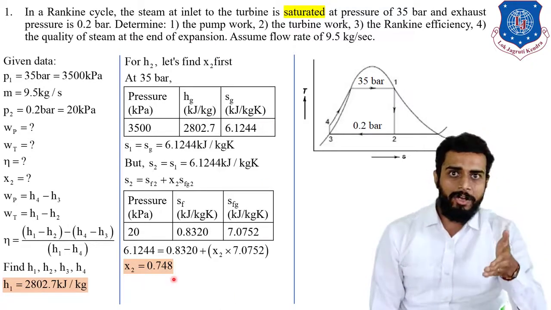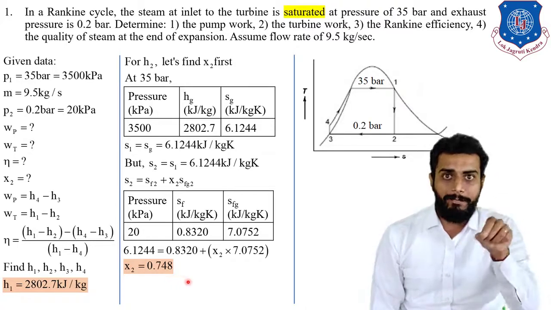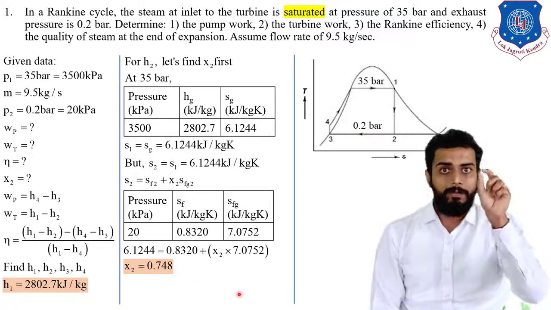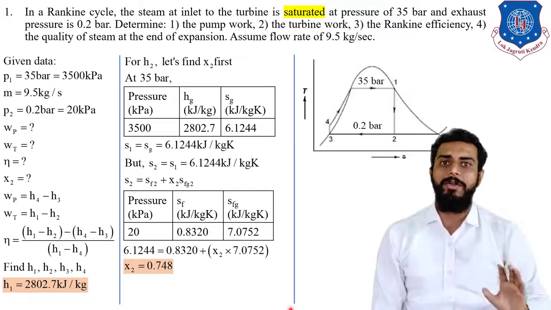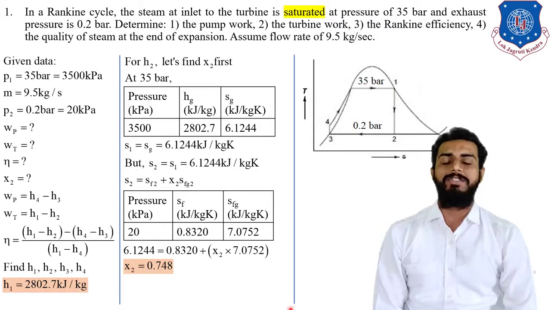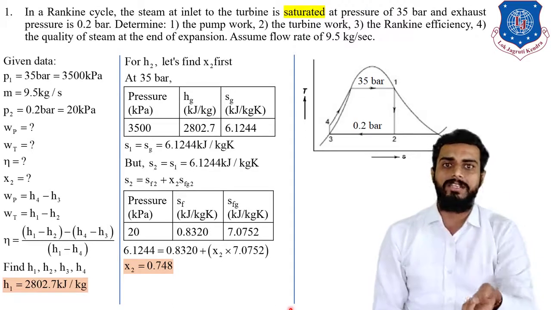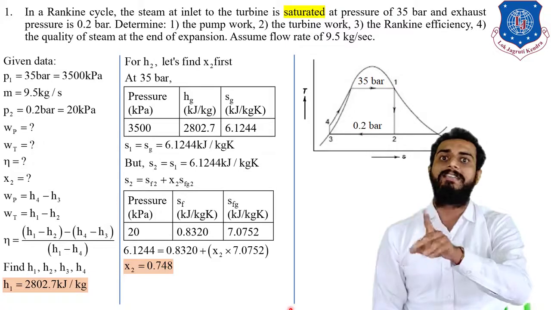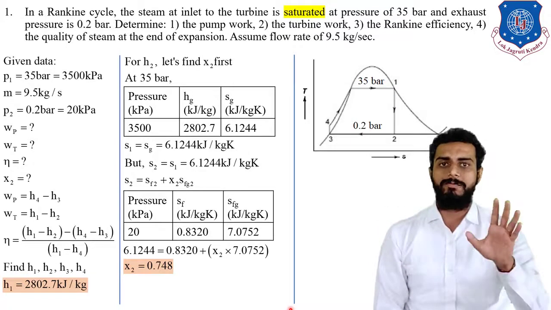So at the end of the isentropic expansion, so the isentropic expansion process is ending at point number 2, right? So corresponding to point number 2, what is the dryness fraction? That we have already found out. So your answer is there, that is X2 is equal to 0.748 is nothing but dryness fraction at the end of isentropic expansion. Clear everyone? I hope it is clear up to this point.